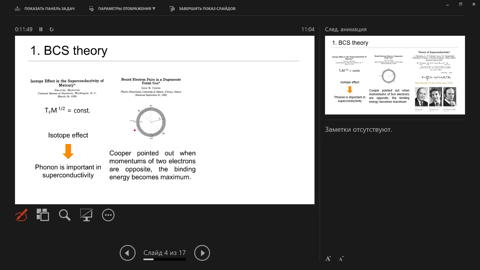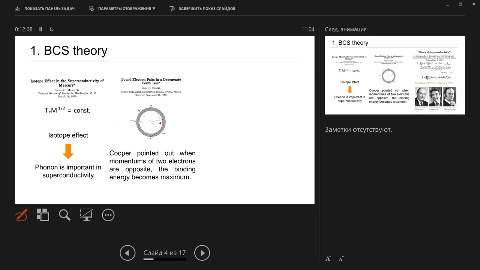And 6 years later, Cooper pointed out that the momenta of two electrons should be opposite to form bound electron pairs in the degenerate Fermi gas, which is now what we call the Cooper pair.